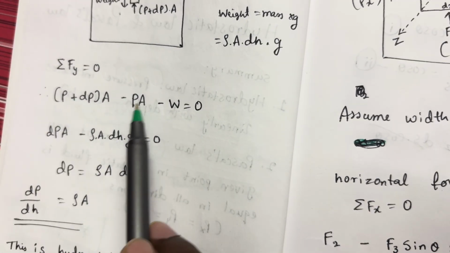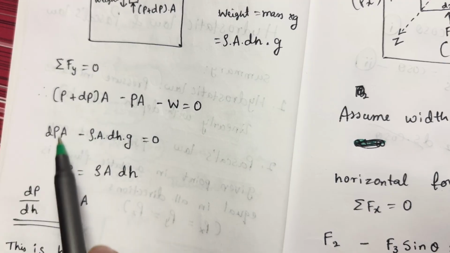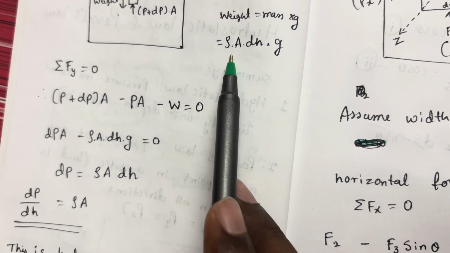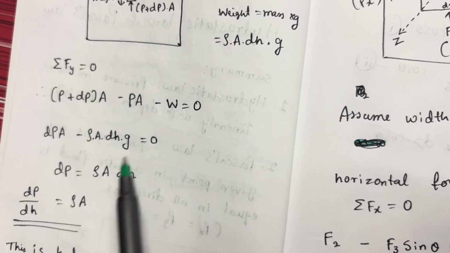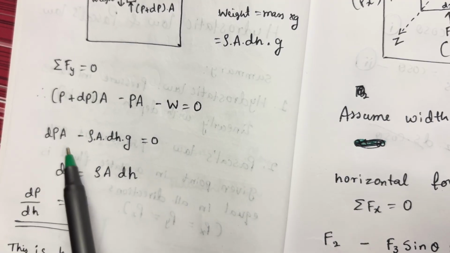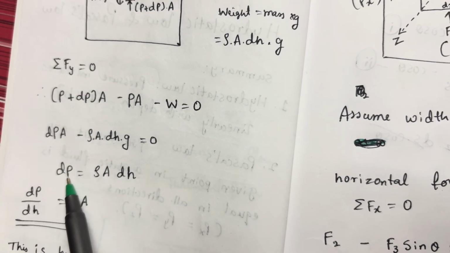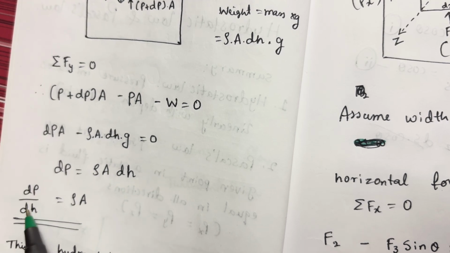Now pa and pa get cancelled. We have delta p times a minus w, which is rho a delta h times g, equal to 0. Now a gets cancelled.